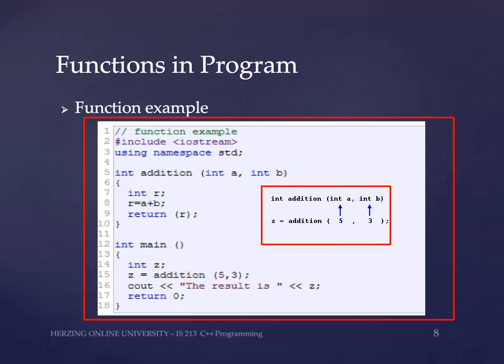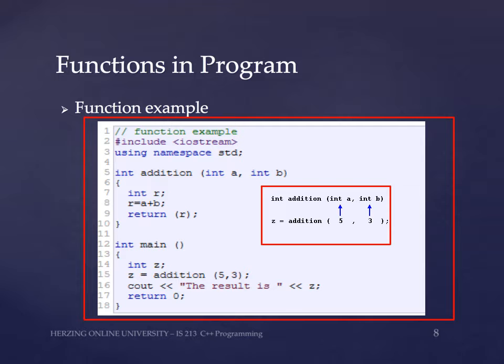Functions in a program. In order to examine this code on the screen, first of all, remember that we said in slide 6 that a C++ program always begins its execution with the main function. This program also demonstrates a function with parameters, which we mentioned in the previous slides. So we begin in main. The main function begins by declaring the variable z of type int.